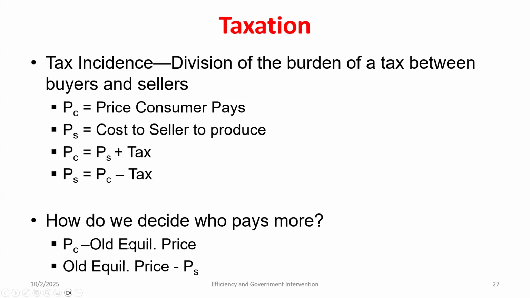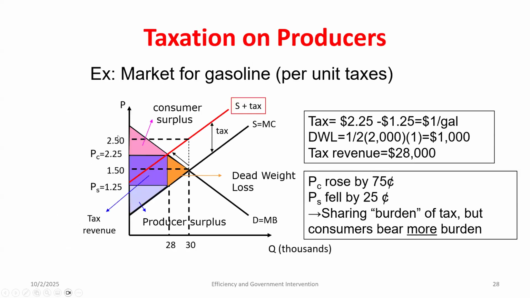Whichever of those differences is larger, that's the group bearing more of the burden of this tax. So I think putting some values to this will make it a little easier than getting too lost in these subscripts, right?